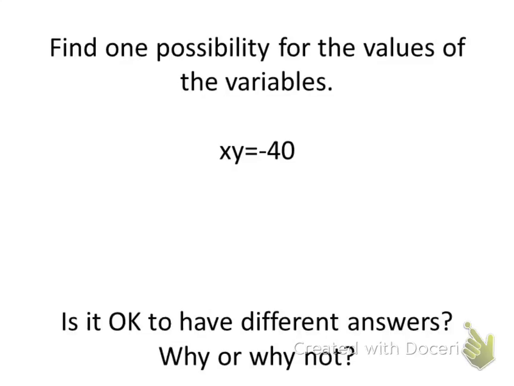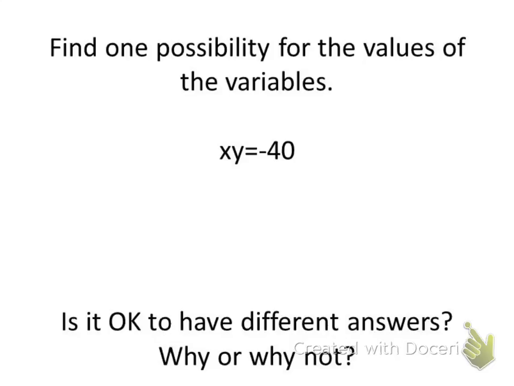So this is kind of like what we did yesterday. We did 2 of them like this yesterday. I'm telling you a problem. Here's what I want you to do. I want you to come up with an X and a Y. When you put it in this equation, you get negative 40. So again, we might not all have the same X and Y, but if it works out with the order of operations, your answer is fine.